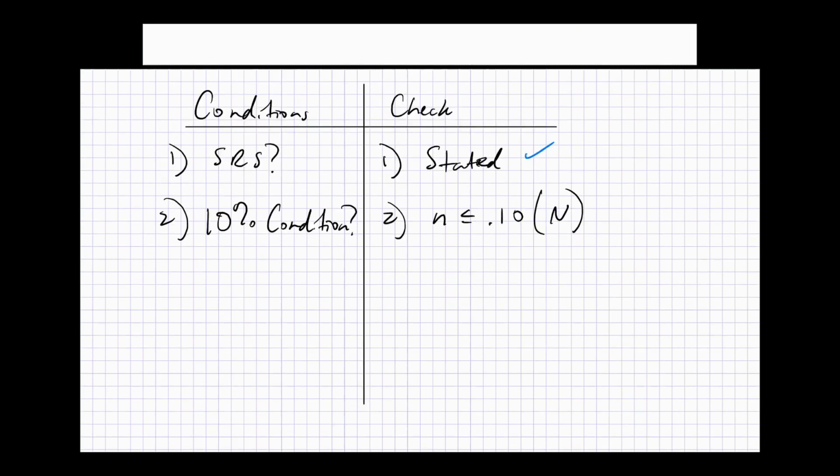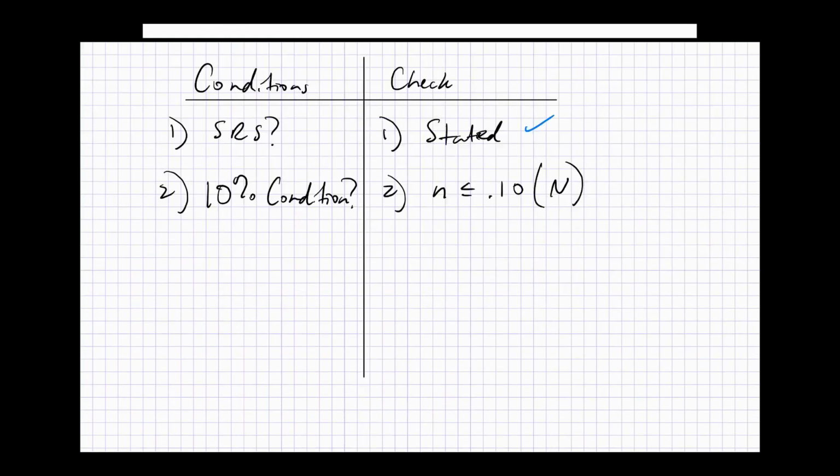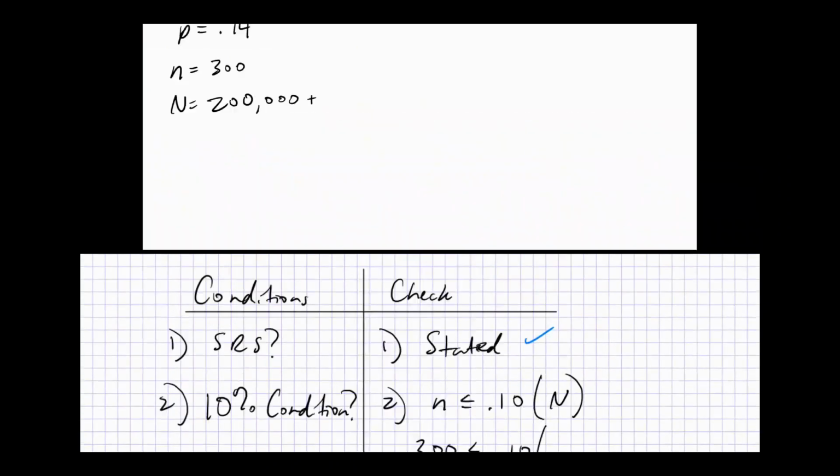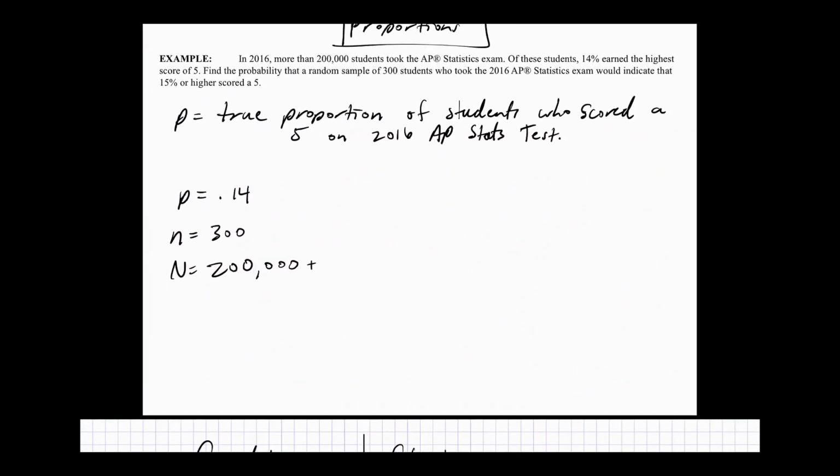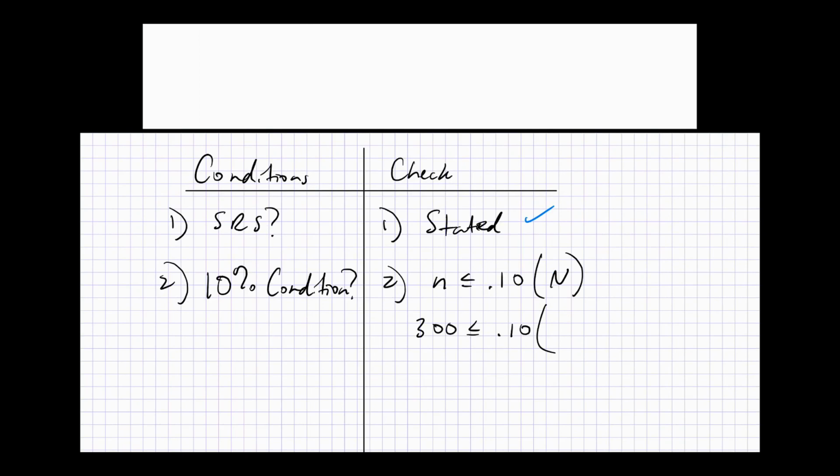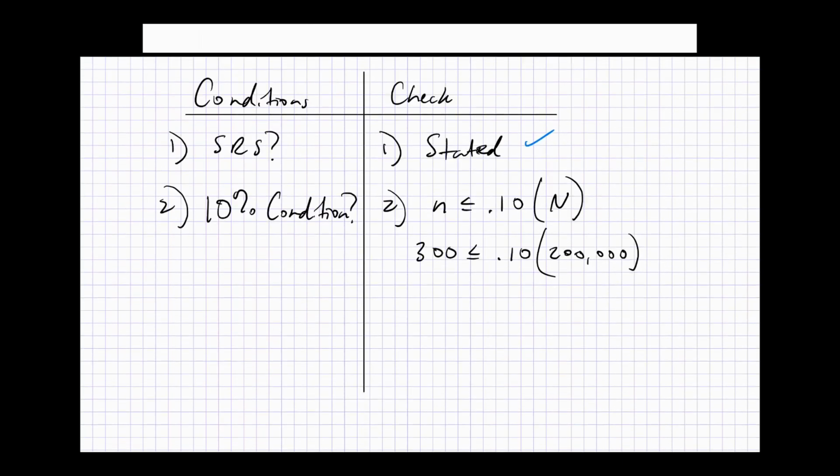They gave it to us, 300, less than or equal to 10% of big N. Big N, they didn't give us an exact number, but they said it's more than 200,000. So worst case scenario, it's 200,001, as low as it'll go.